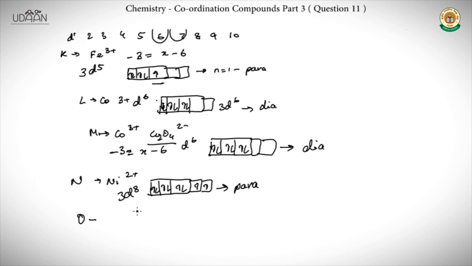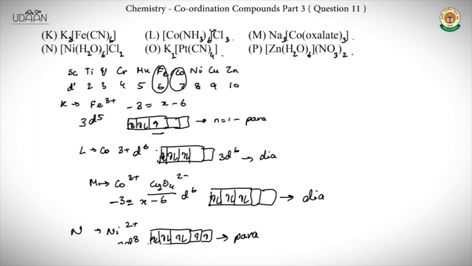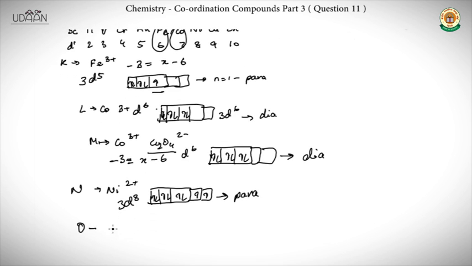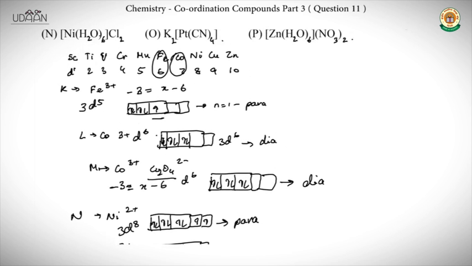The O option is Pt2 plus. We know that Pt is 4d8 configuration, and with cyanide ligand, which is a strong field ligand, we can say that they will be pairing. So the 4d8 will be paired up, and thus it will be diamagnetic.